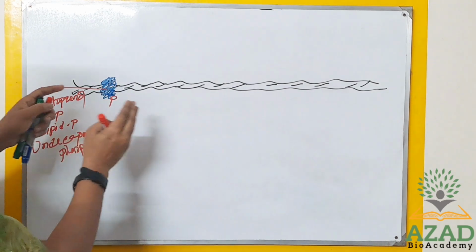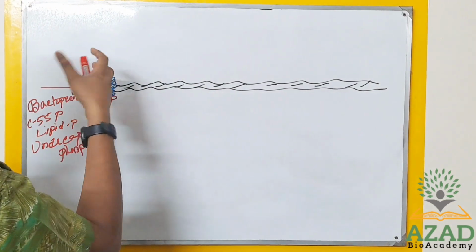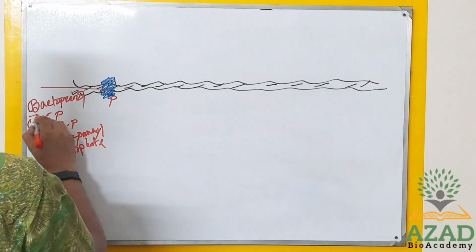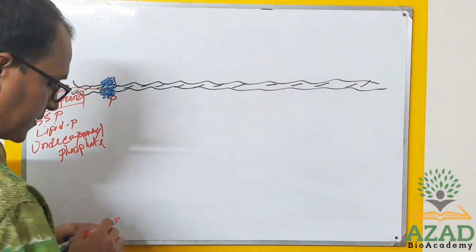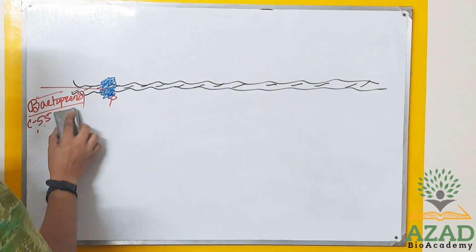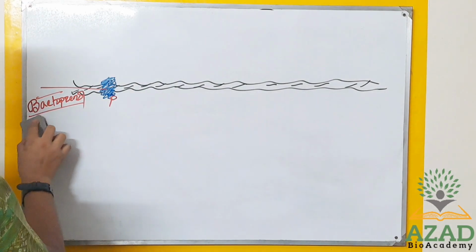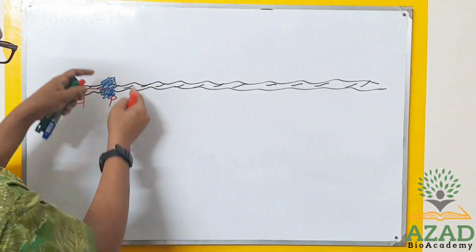But for your easy understanding, several times I will use the terminology bactoprenol. So this is the bactoprenol, and initially it is carrying one phosphate, bactoprenol monophosphate.